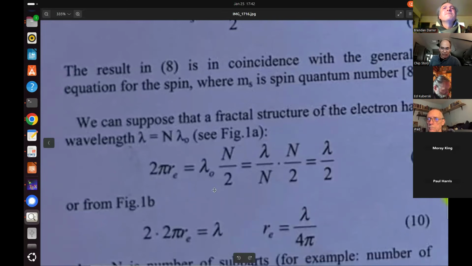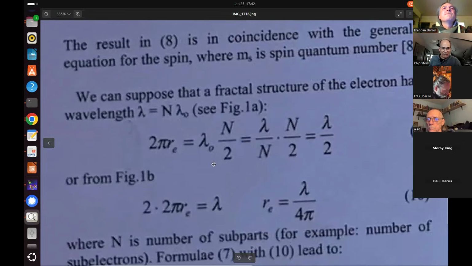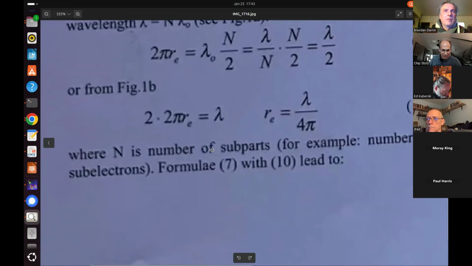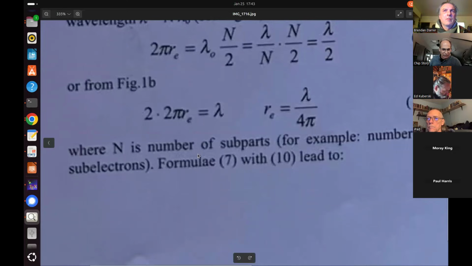We can suppose that a fractal structure of the electron has a wavelength lambda equals n lambda sub 0, 2 pi radius, and so on. That's the diameter. From figure 1b, we'll just skim through this very quickly, where n is the number of subparts. We're trying to pick out the main parts that he's throwing into the equation. For example, the subparts could be a number of subelectrons.